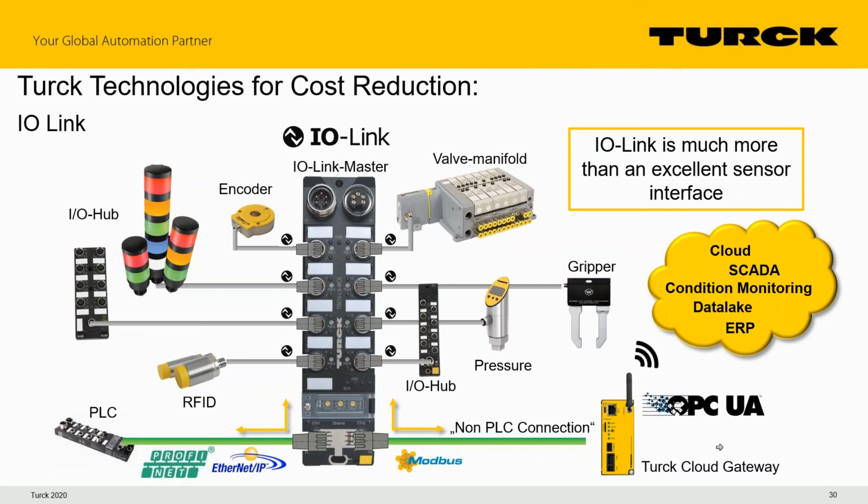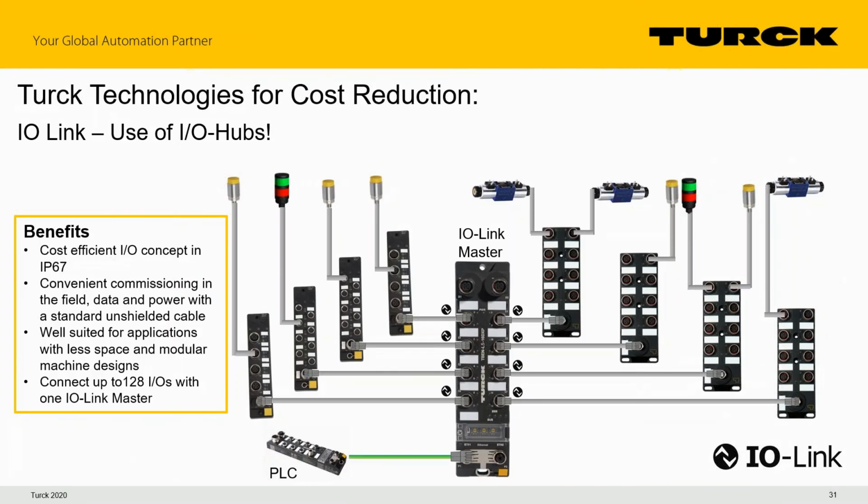And then the other way that we save money is the use of just general purpose I/O. So these are non-IO-Link devices, all connected through IO-Link slave hubs. And if I'm using an 8-port IO-Link master block and I put 8 16-point IO-Link slave hubs, I can get up to 128 I/O points on one IO-Link master.